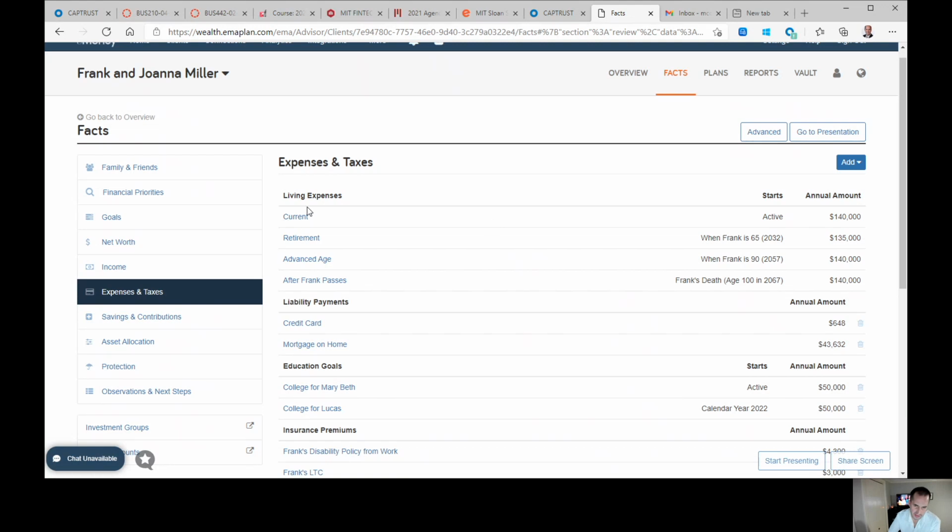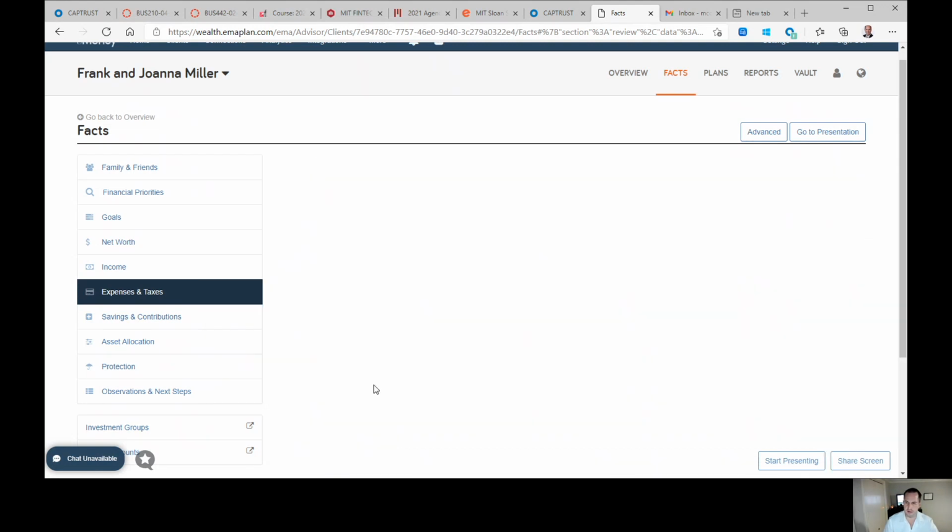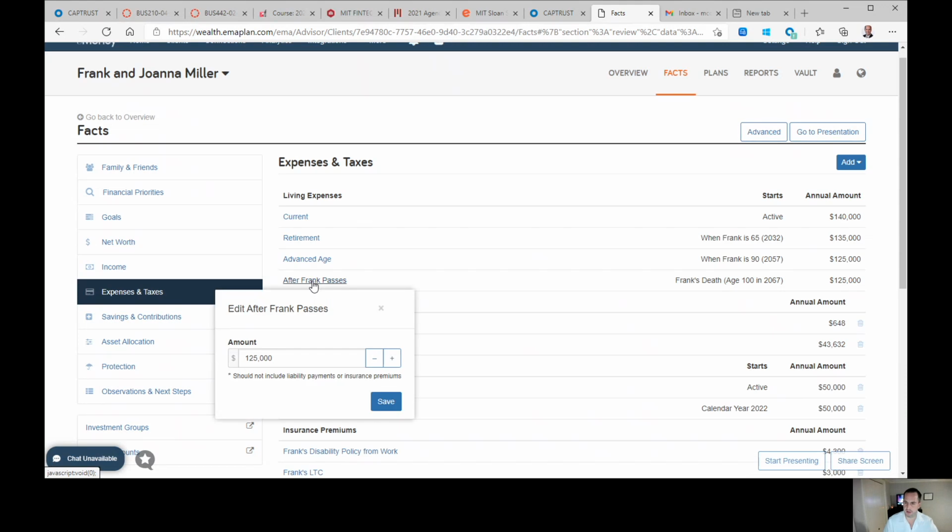You can also break out the living expenses, current, in retirement, advanced age, and after someone passes away. And so there's not much variability here. But if I wanted to say advanced age, goes up to 140, maybe it drops to 125. And then after Frank passes away, 115, right?